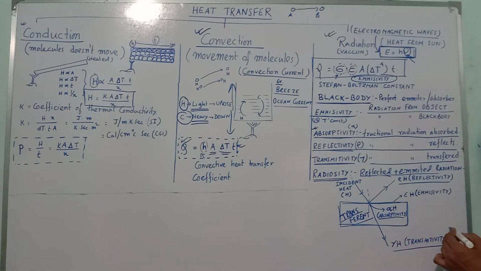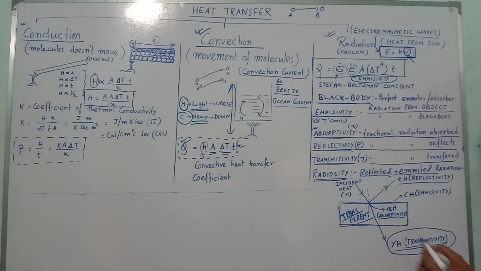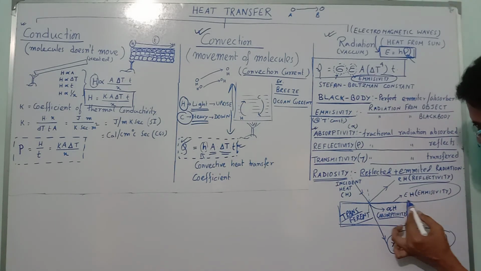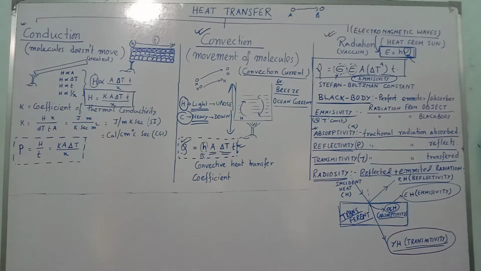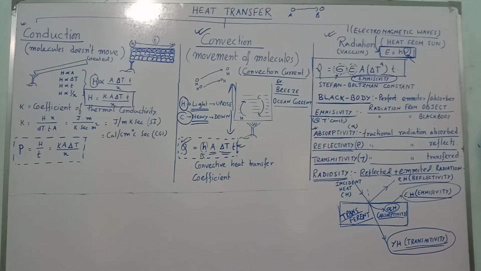That fractional quantity of heat transmitted is called transmittivity of the object. Some portion of the absorbed heat is emitted when the body is heated, which is called emissivity of the body.